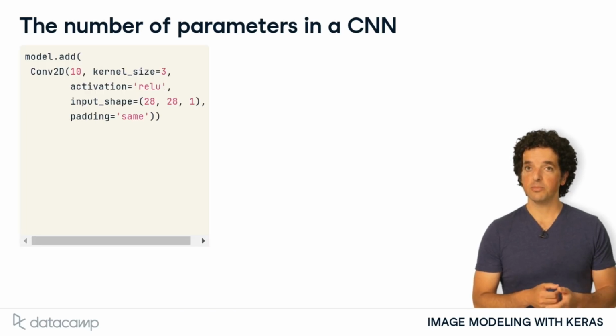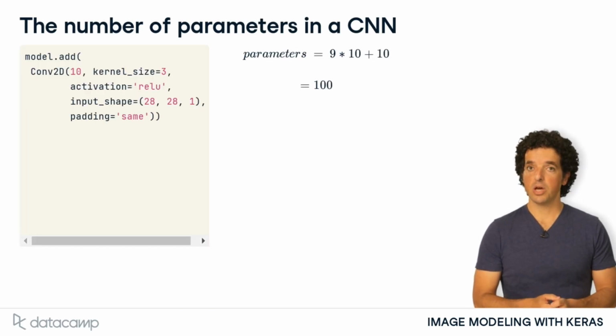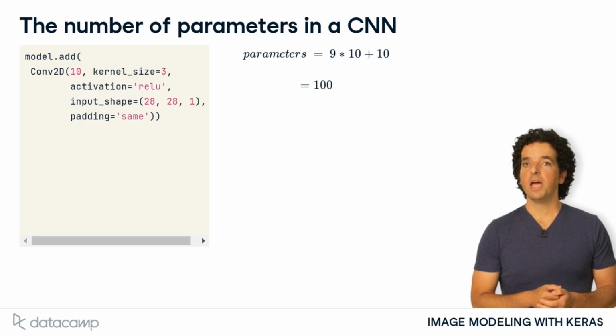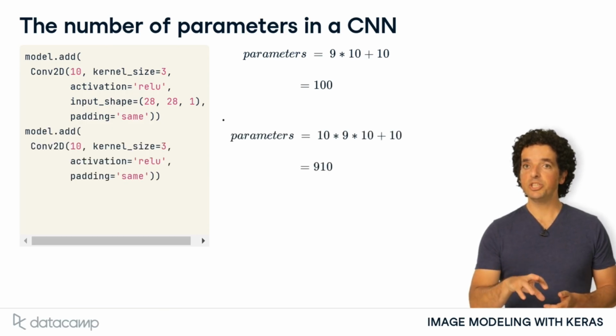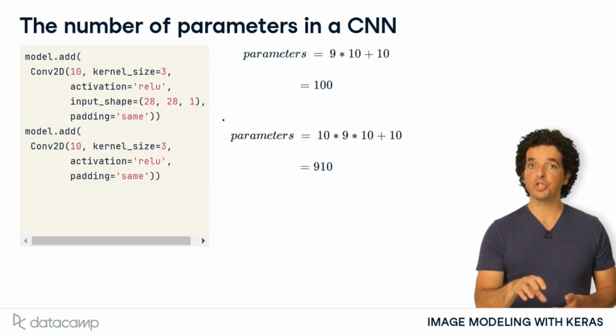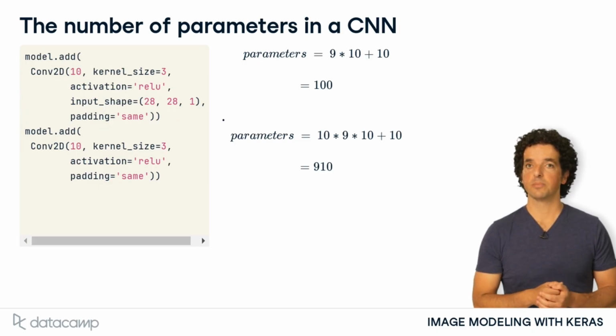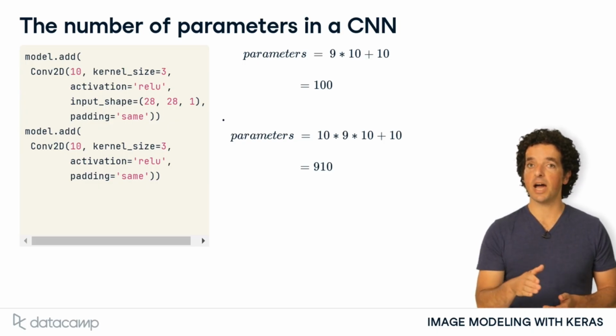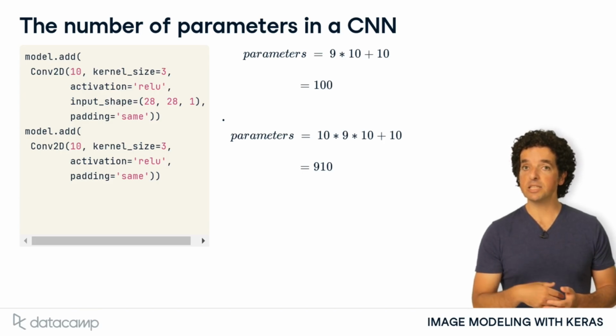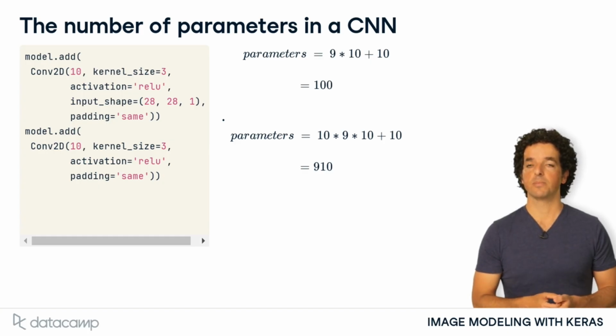In the first layer, there are 10 kernels with 9 parameters each, plus 10 bias terms. That's 100. In the second layer, each unit is connected through a convolutional kernel to each feature map in the first layer. That's 10 times 9 times 10 parameters, which is 900, and a bias term for each unit, which is a total of 910.